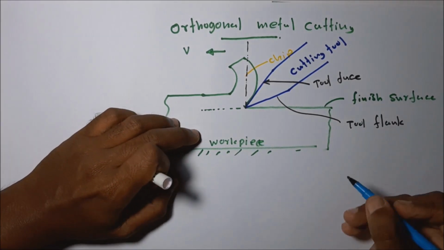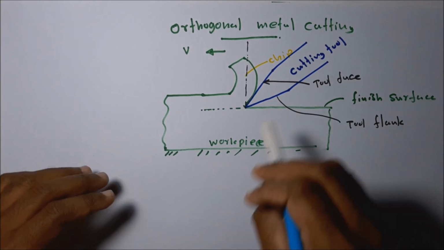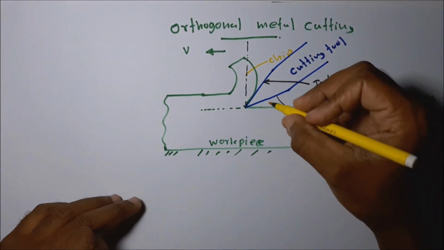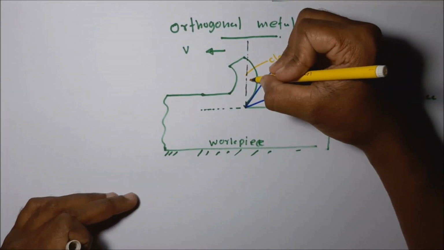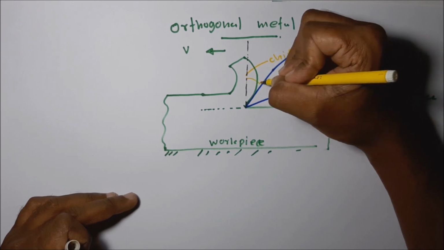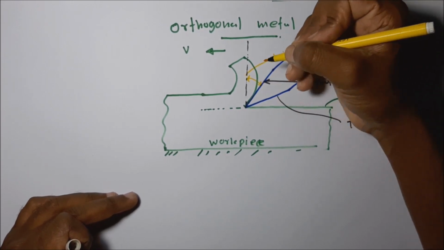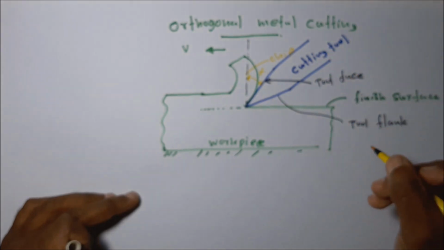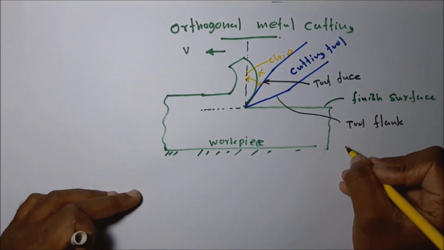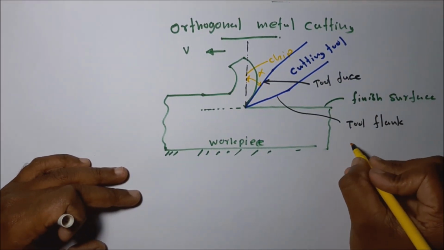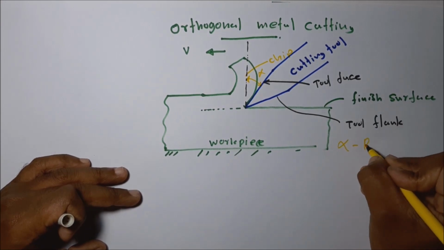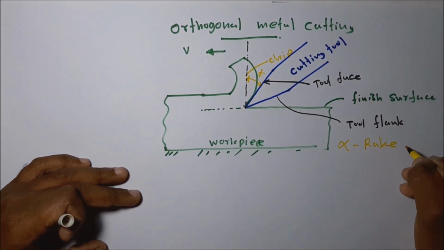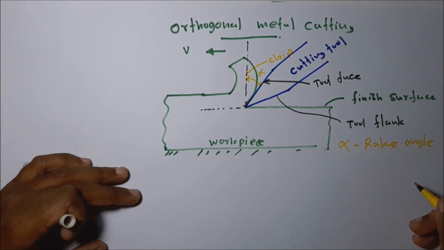Then the angle between the tool face and this perpendicular line is called alpha. Alpha is a very important parameter in metal cutting operation. Alpha, the rake angle. Okay, very important parameter.